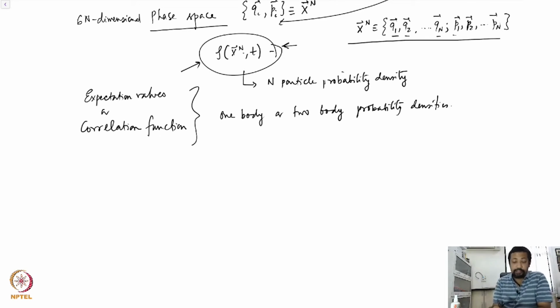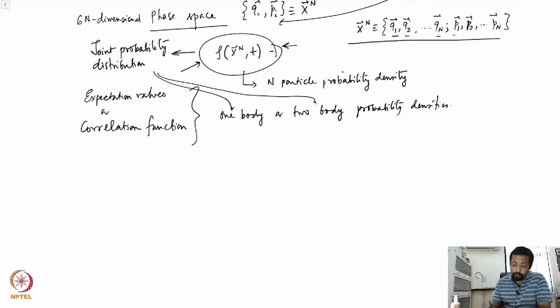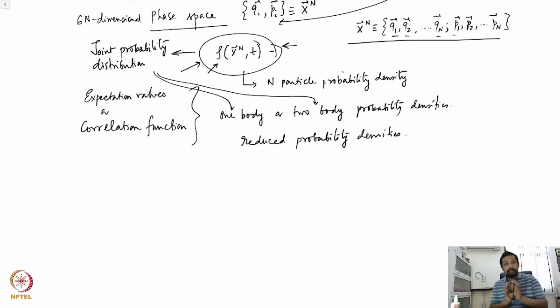If you recall, in probability theory, this is what is called a joint probability distribution. And from this joint probability distribution, we can construct one body or two body probability densities, which are reduced probability densities. Typically, this rho of x_N comma t is an extremely complicated quantity, and it's not trivial to evaluate.